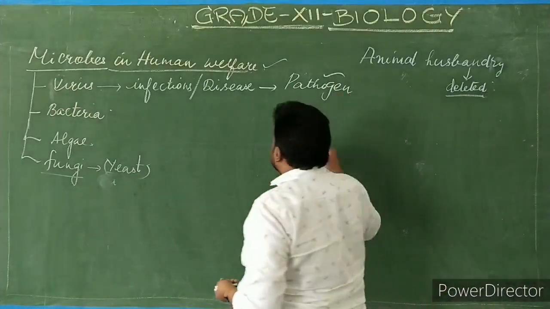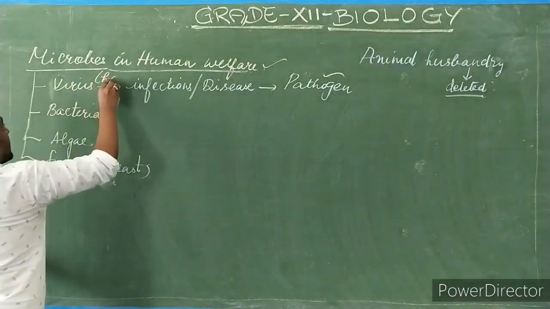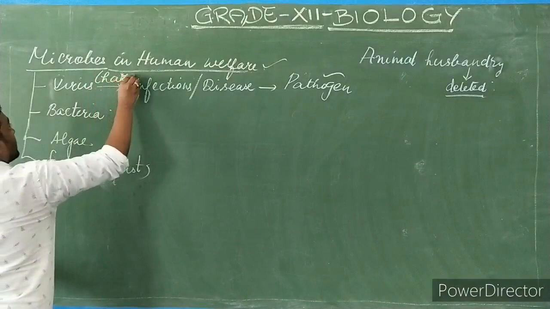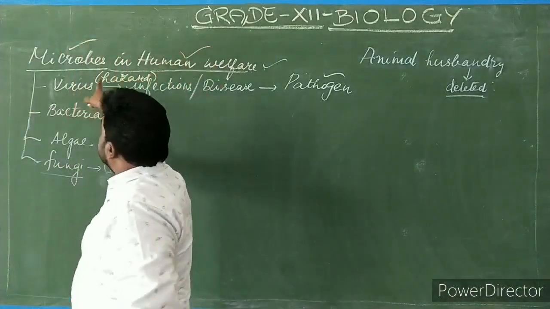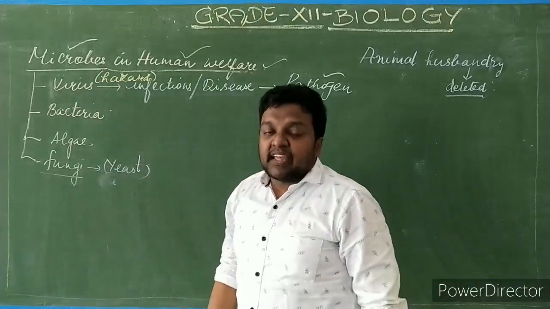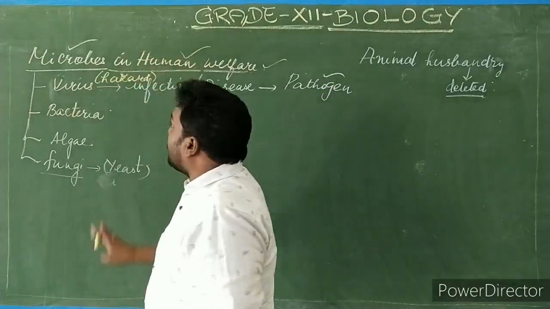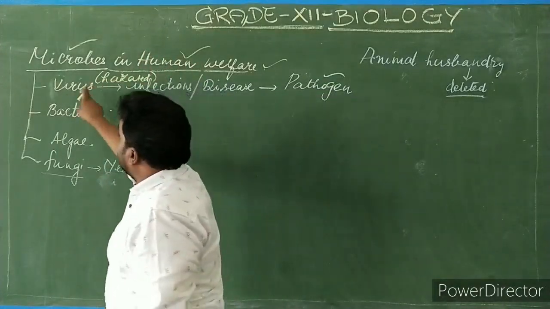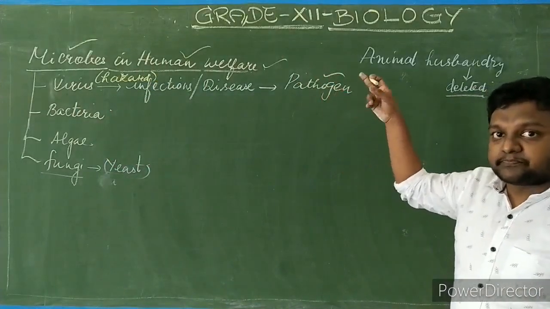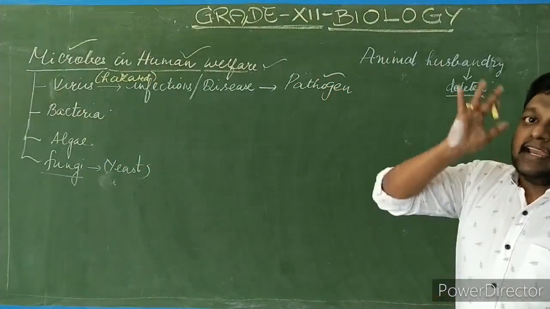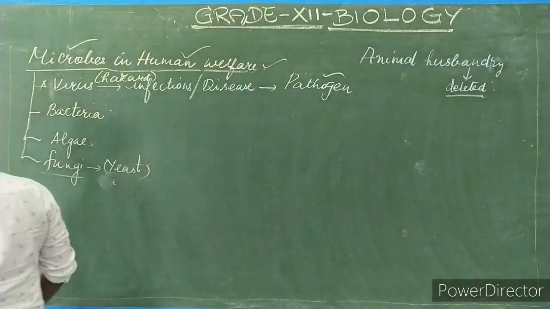That means it is hazardous, and it is going to cause a health ailment. So we cannot study the virus under human welfare. We studied the virus in human health and diseases in the previous chapter, so we are not going to see it here.